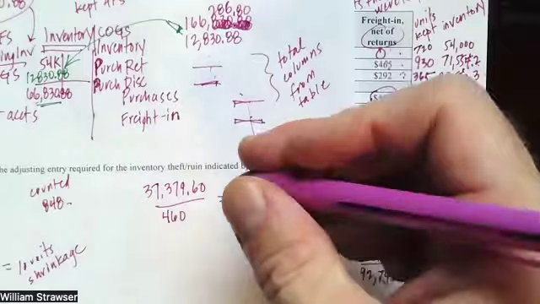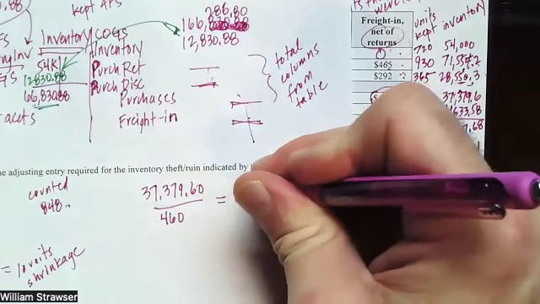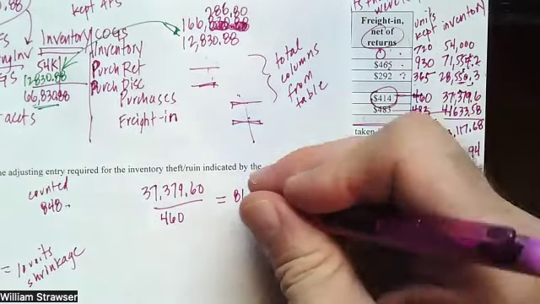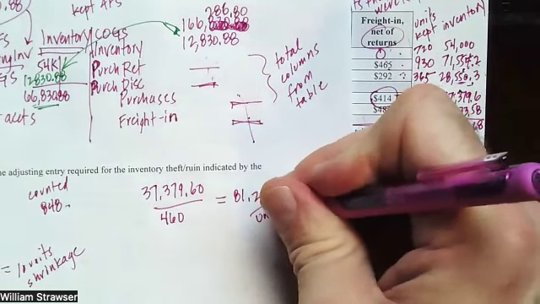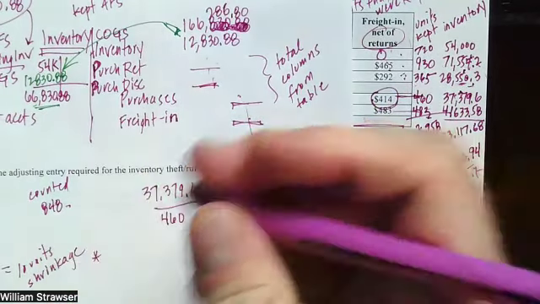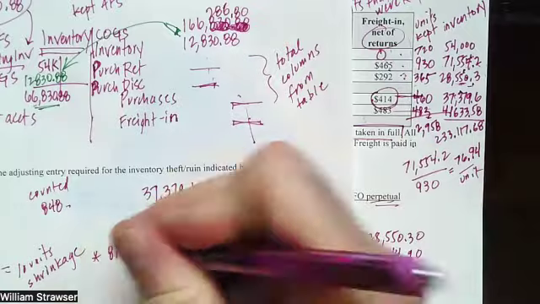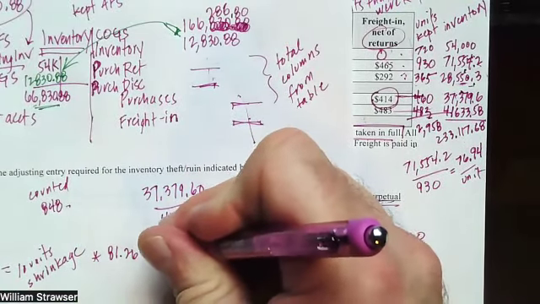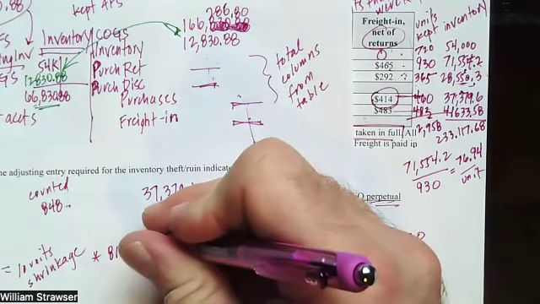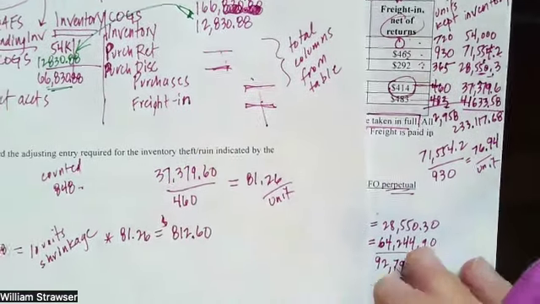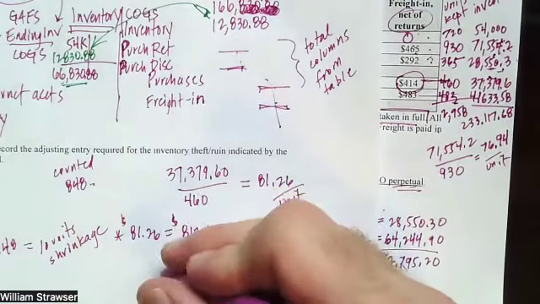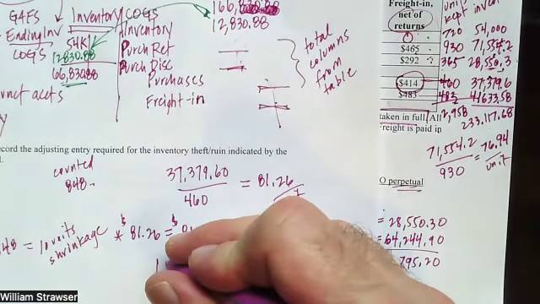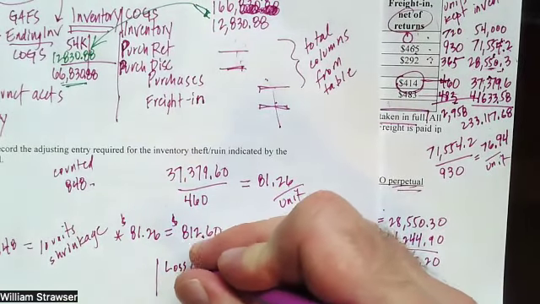That comes out to $81 and 26 cents per unit. That's the total amount of shrinkage I would have. And you can record it as loss on shrink.